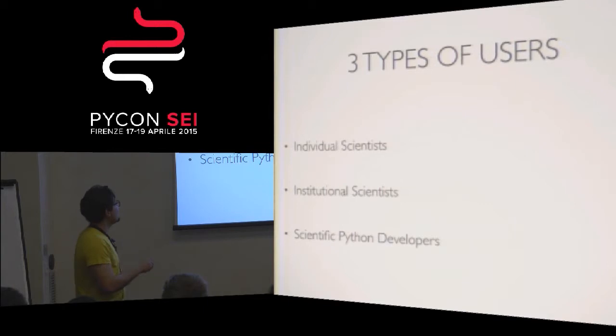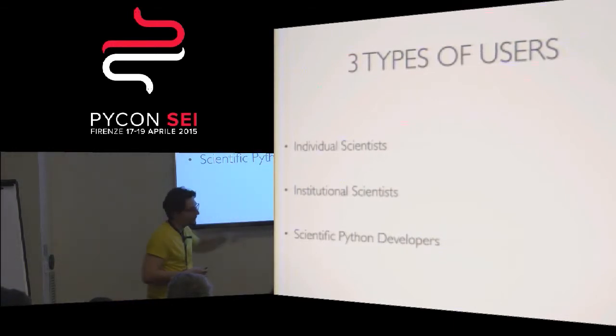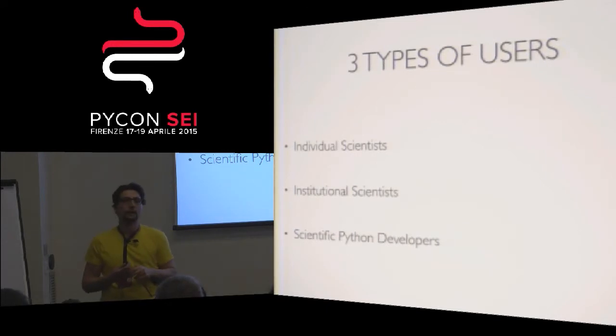And finally, the scientific Python developers are those who are also contributing to the development of data science tools in the Python ecosystem. And the author of the article, Jake, concluded that maybe the people belonging to the latter category are the ones who could effectively make the change in the data science community.